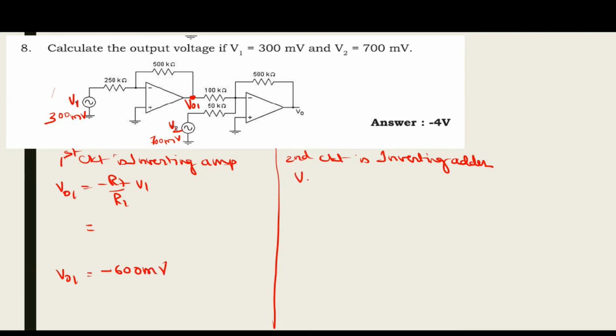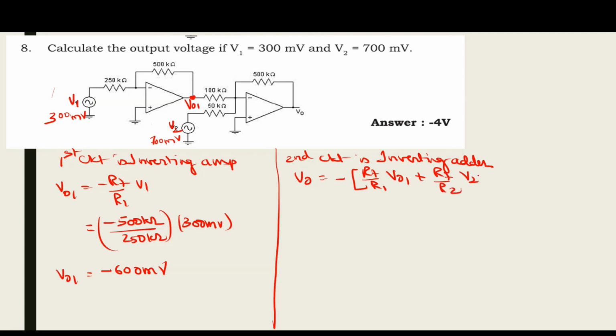So what will be the VO formula? Minus of RF by R1 into VO1, correct? Plus RF by R2 into V2. Yes, correct. Substitute and give me the answer. Those who didn't do, for them, this is minus 500K by 250. This will be 2. 2 3s are 6, so minus 600 millivolt.